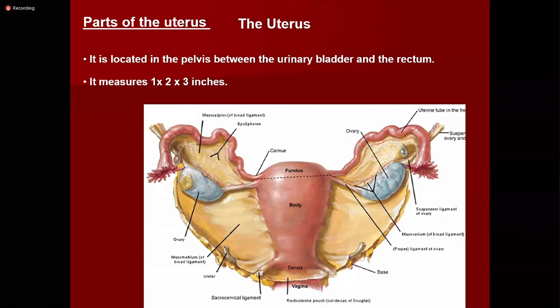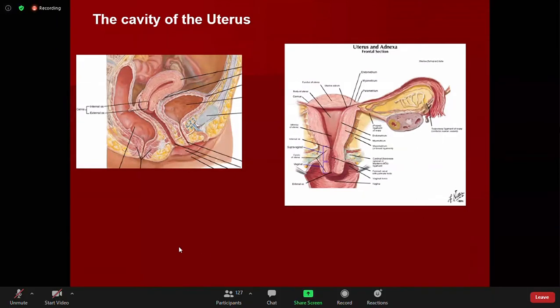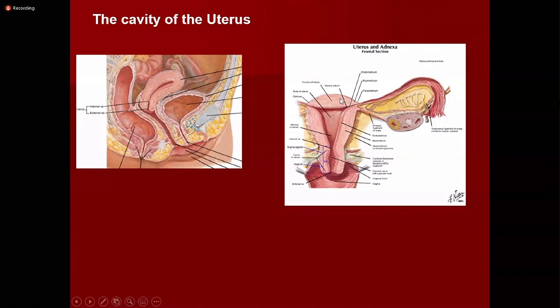Okay? So to have a better view, what kind of section is this? Coronal section. What is that? That is sagittal section, okay? So if we do a coronal section, we divide the organ into anterior and posterior. You can see that this part here that has no cavity is the fundus, and it is above the entrance of the fallopian tubes.